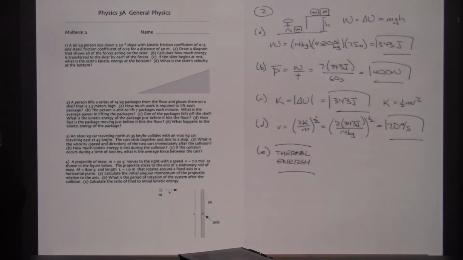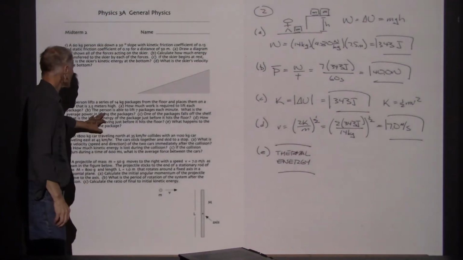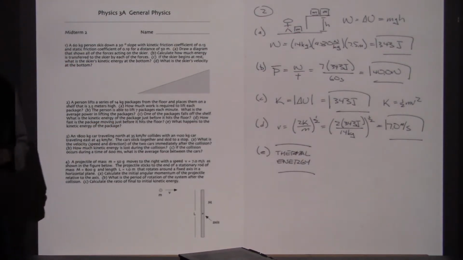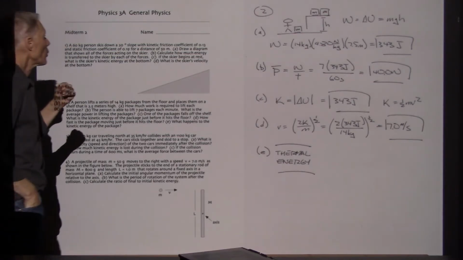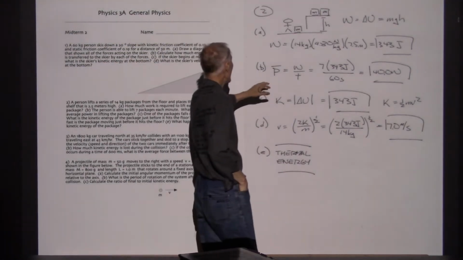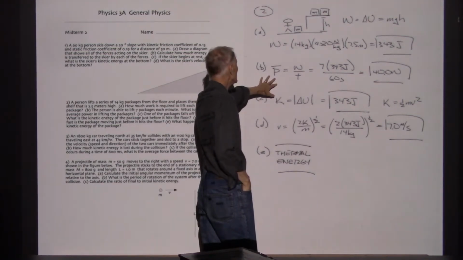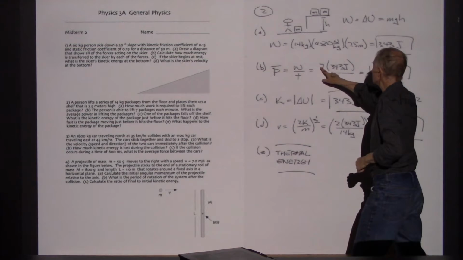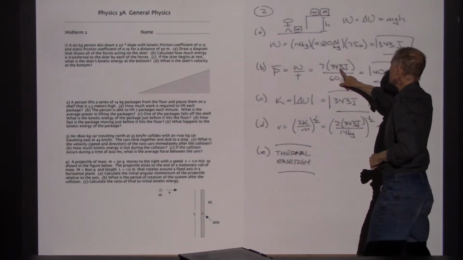So this time it's kind of literal, the number of joules of work done. In part B, it says the person is able to lift 7 packages every minute. I hope that doesn't go on for too long, because they're 14 kilogram packages. So what's the average power? On average, that's lifting 7 packages, so 7 times 343 joules.